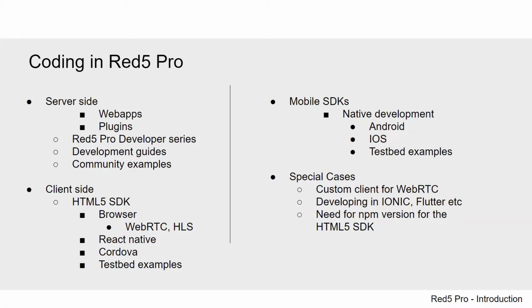On the client side, there are several SDK offerings, each to help the developer target a particular type of client for a particular platform. One of these is the HTML5 SDK. The HTML5 SDK is used mostly to target clients in the browser. The SDK uses JavaScript as the programming language.